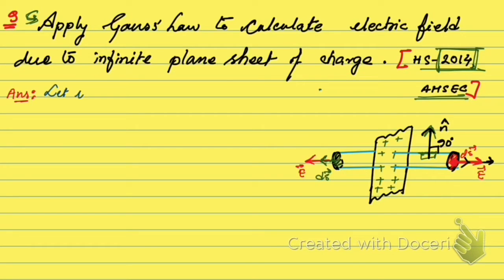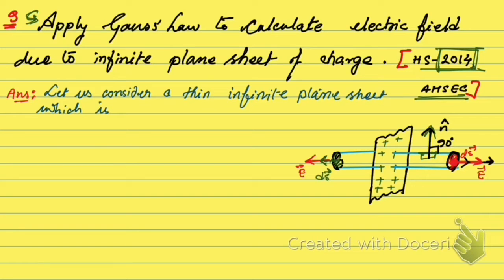So let us consider a thin infinite plane sheet which is uniformly charged with charge density sigma.